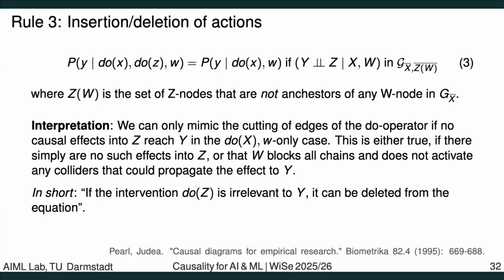This could close colliders and also open a path that then has an effect on Y. So really, it's a bit tricky to check on the graph, but basically what it means is that if we see that we intervene on a variable and there is no causal effect traveling through that goes from X into Y, then we're fine to remove it. But that is the intuition; really stick to checking this graphical criterion.